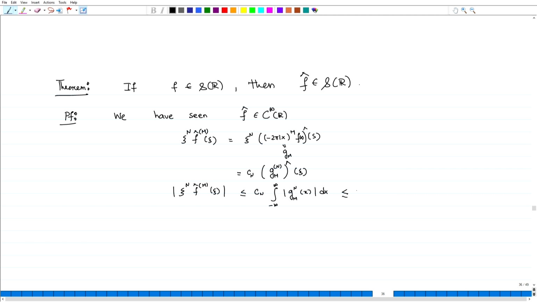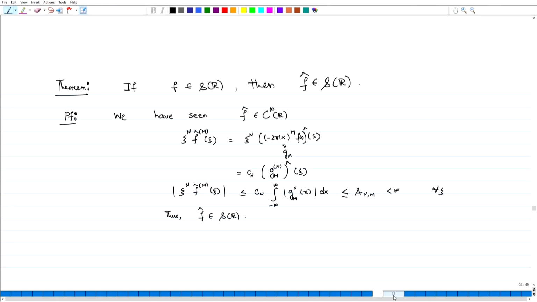So, this is less than or equal to some constant a n m which is finite. This is true for all xi, thus f hat belongs to the Schwartz space. So, it is not just by accident that if f is a Gaussian, then f hat is a Gaussian. The generalization is that even if f is smooth with rapid decay, then f hat is also going to be smooth with rapid decay.